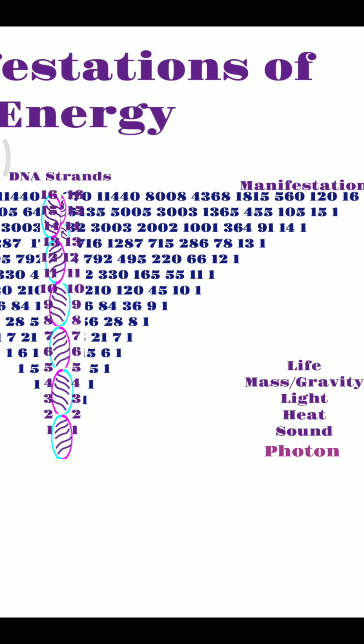The space around that object will bend, and that is gravity, right? So that property of gravity, an object gets through mass. So this is mass slash gravity.